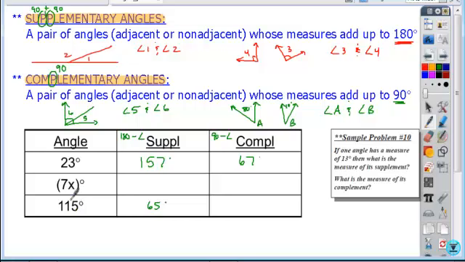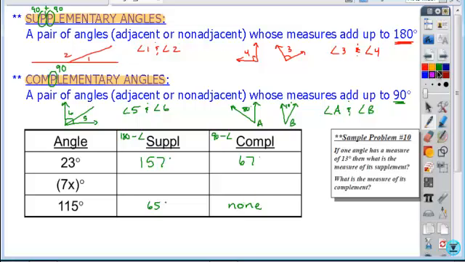We're not going to be dealing with any negative angles. When you get into the trig of pre-calc, you'll start talking about negative angles being in a negative rotation. But here we're not. So if that happens, none. It's not possible to have a complement of an angle that's not acute. It has to be acute to have a complement.